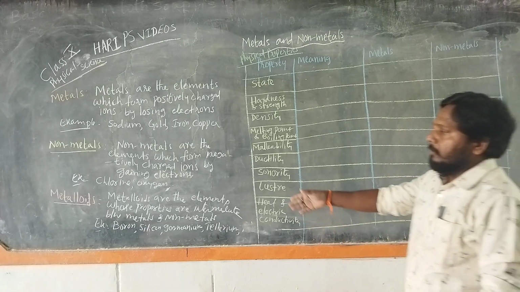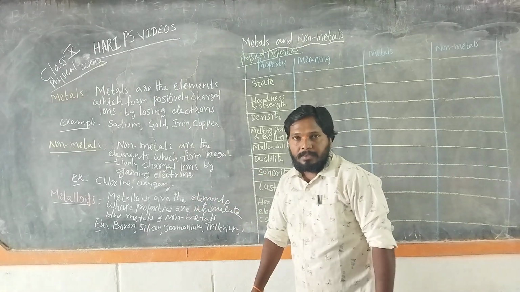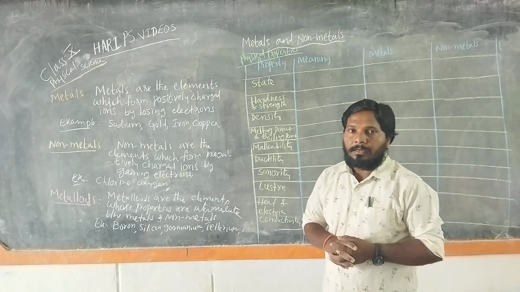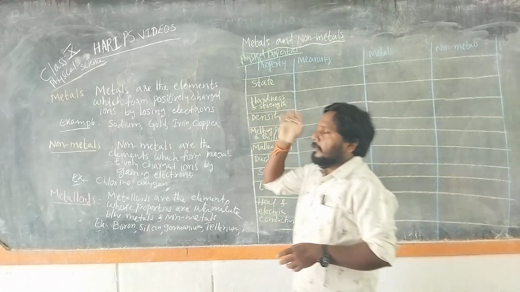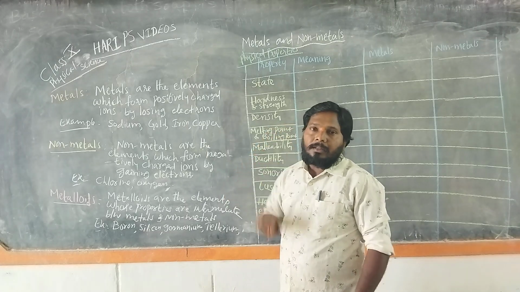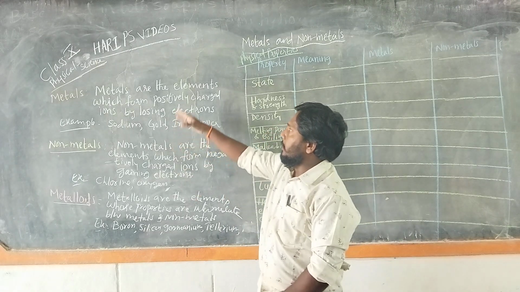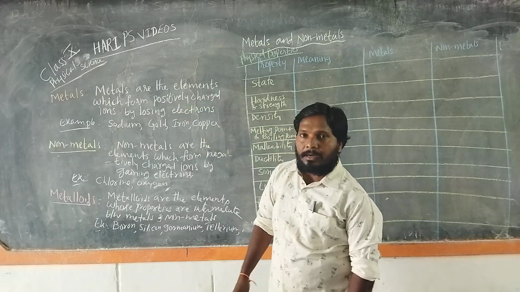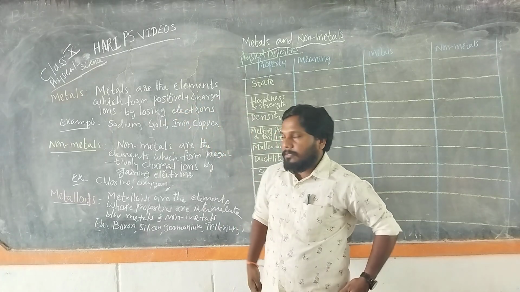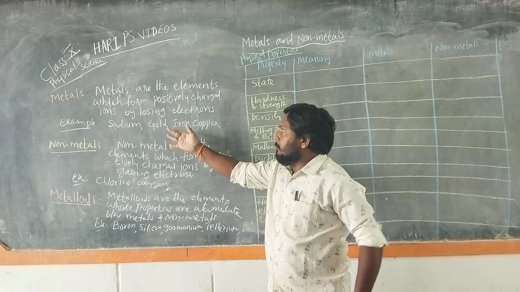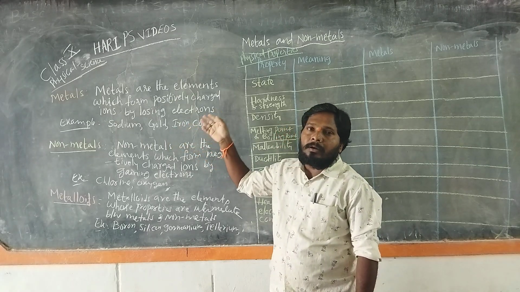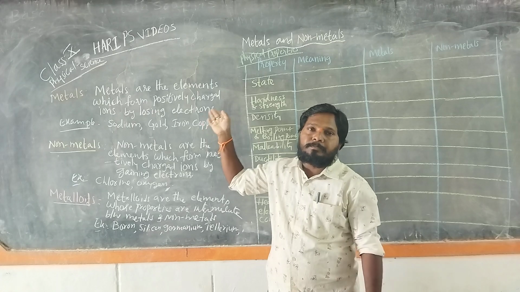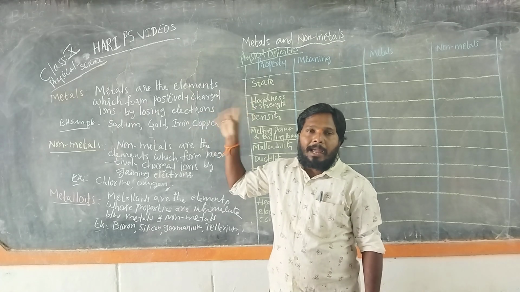That was to give an idea about metalloids. Their properties are intermediate between metals and non-metals. Then what are metals? Metals are the elements which form positively charged ions by losing electrons. Examples: sodium, gold, iron, copper, silver, aluminum, zinc, potassium, lithium, lead, platinum.